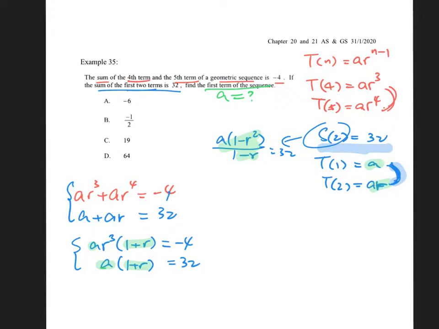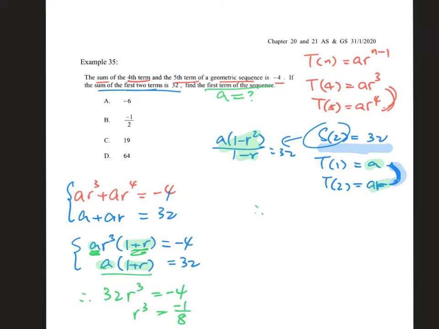So you may use division, or some of you may think of substitution to solve it. I prefer to use substitution. Substitute the whole expression a(1 plus r) back into equation 1. So equation 1 is rephrased as 32 times r cubed is -4, or r cubed is -1 over 8, and that's all.